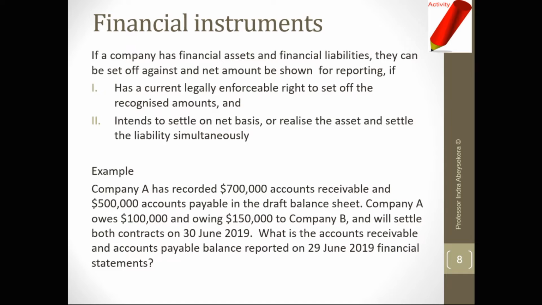So in situations where a given entity has financial assets and financial liabilities of another entity, these financial assets and financial liabilities can be set off and the net amount shown for reporting purposes only if there's a legally enforceable right to set off the recognized amounts and also there's intention to settle the financial assets and financial liability on a net basis.